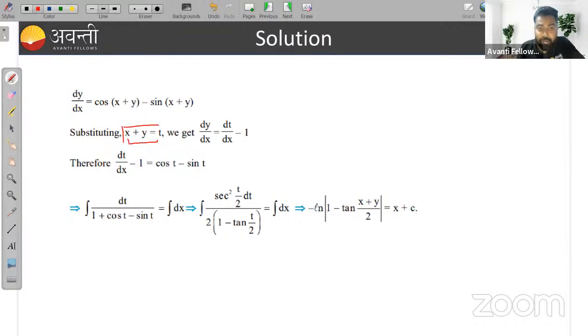We have already taken x plus y as t, so in place of x plus y, we'll write t. So cos t minus sin t. Now you can see it easily comes to the variable separable form. So now you can separate all the variables: dt upon (1 plus cos t minus sin t) is equal to dx. After integrating, what you get is the solution.